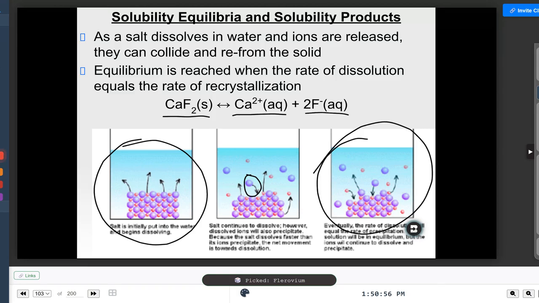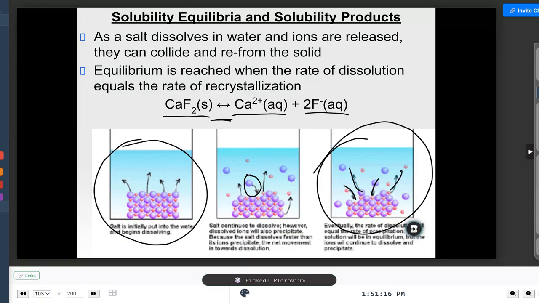So equal particles doing the leaving and the coming back, right? And so when you get to that point, you are at equilibrium. And that's where this double-sided arrow comes into play, right? So we are at equilibrium in terms of dissolving, solubility, okay?